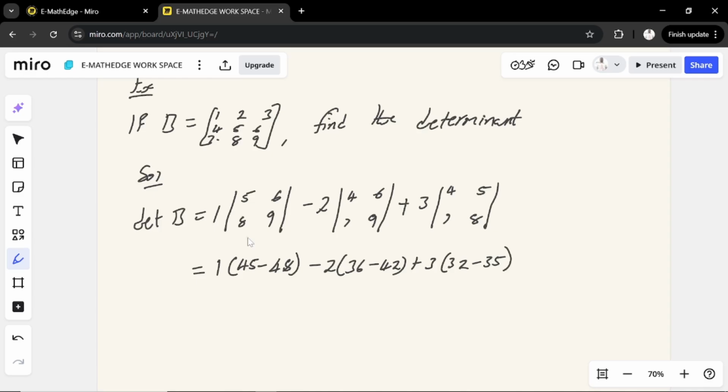Close the bracket. So with this, we are going to have 1 into the bracket of 45 minus 48 is minus 3, minus 2 into the bracket of 36 minus 42 is going to give us minus 6, plus 3. 32 minus 35 is going to give us minus 2.